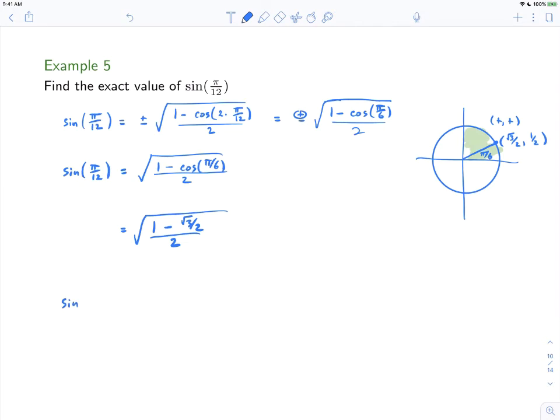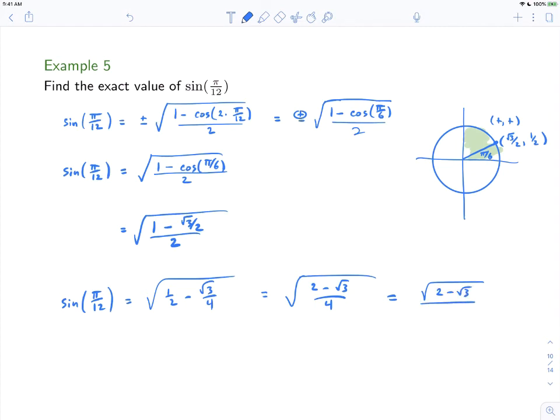So sine of pi over 12 is equal to the square root of 1/2 minus the square root of 3 over 4. Or if you prefer, you can write this as the square root of 2 minus the square root of 3 over 4, if you want to give them a common denominator. Another way to write that would be the square root of 2 minus the square root of 3, all of that divided by the square root of 4, which is 2. All three of these are the same thing, just written in a different way.